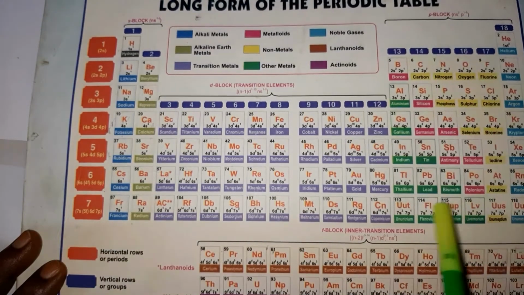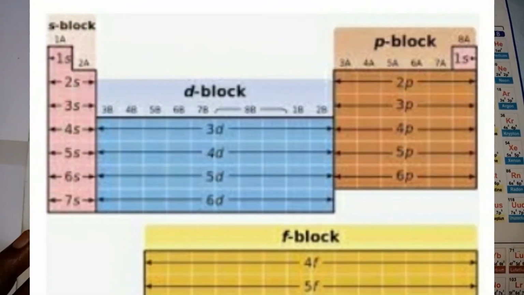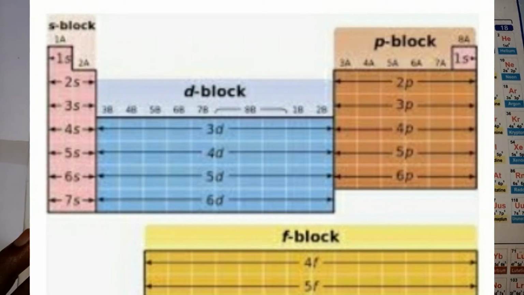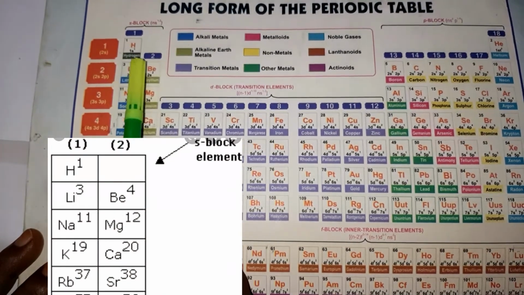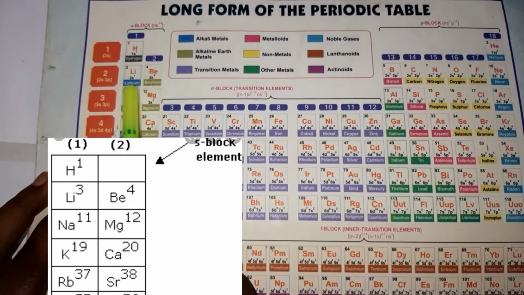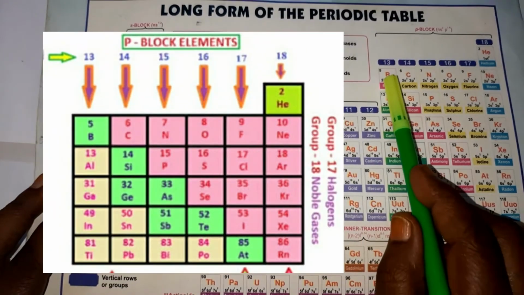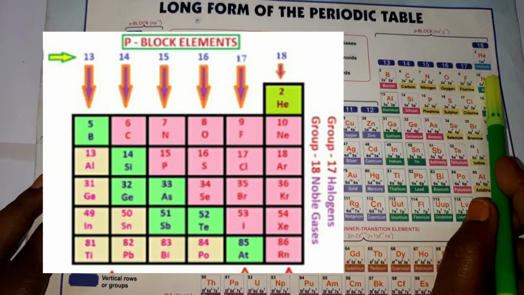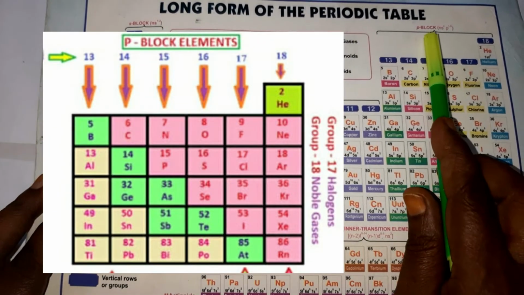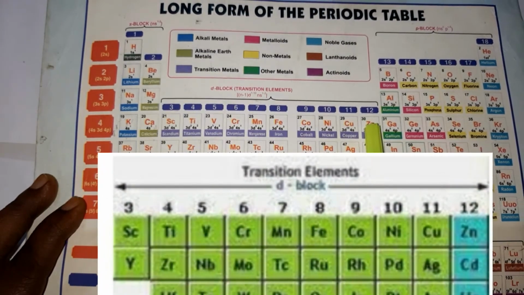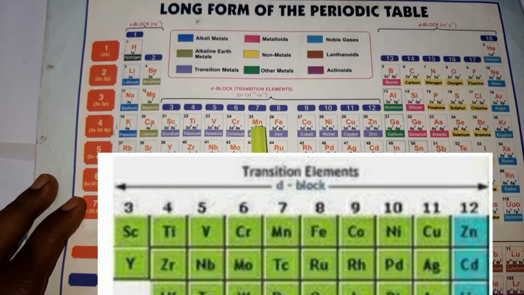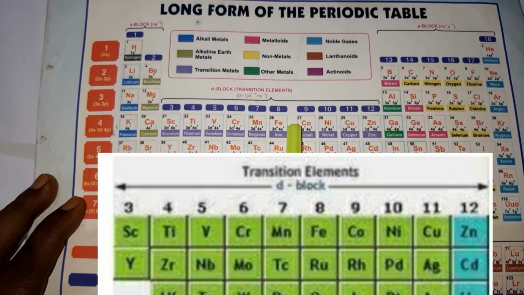And if you see, the periodic table is divided into 4 blocks, children. The first group and second group elements are called S block elements, and 13 to 18 group elements are called P block elements, and third group to 12 group elements are called D block elements, or these are called transitional elements.